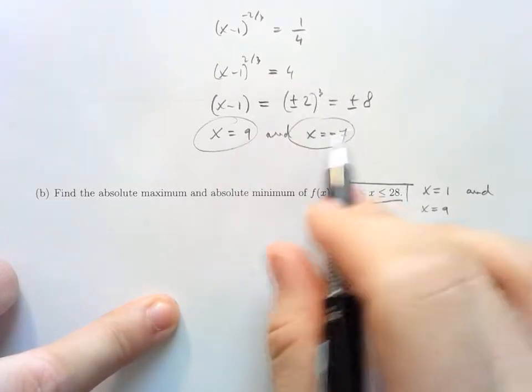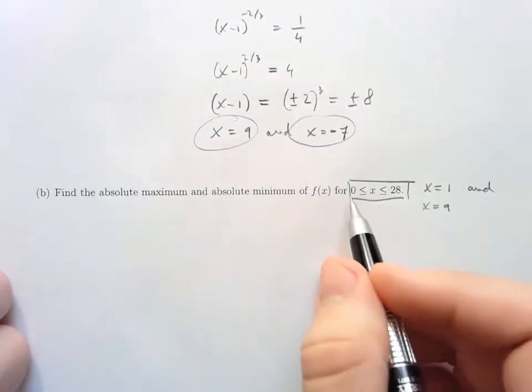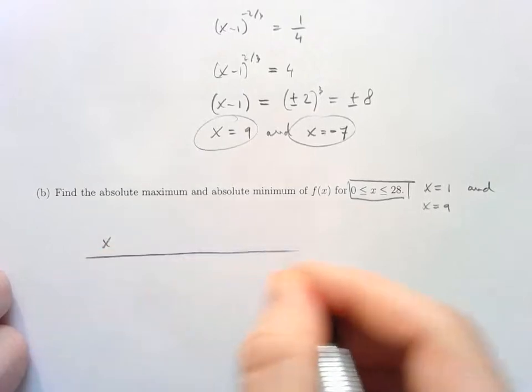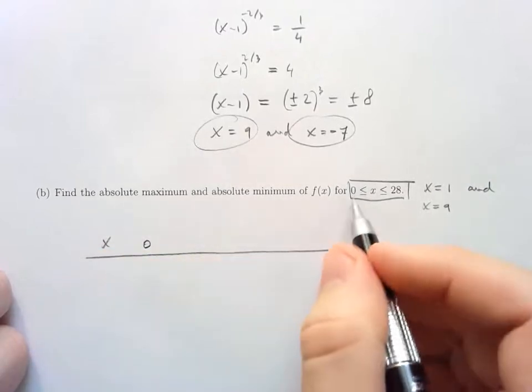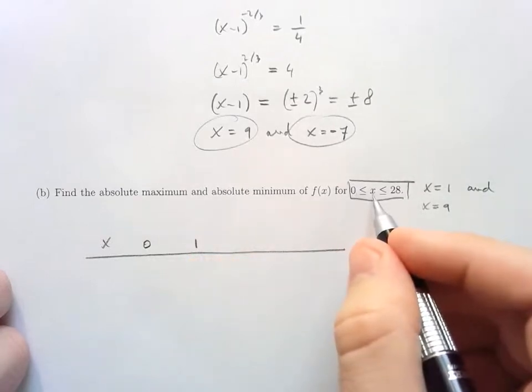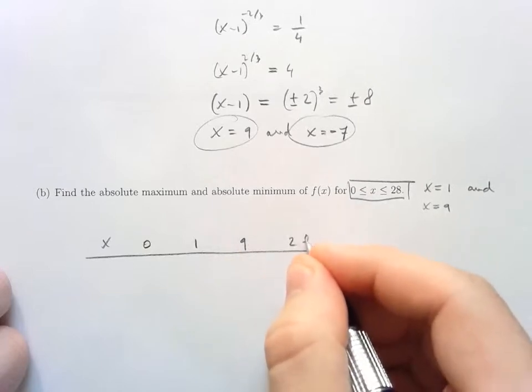We have to omit the x equals negative 7 point. Now here's how we're going to do this. First, since we're given a closed interval, let's write down our x values. So the smallest x value is 0, the end point of the interval. Then comes 1, then comes 9, then comes 28.